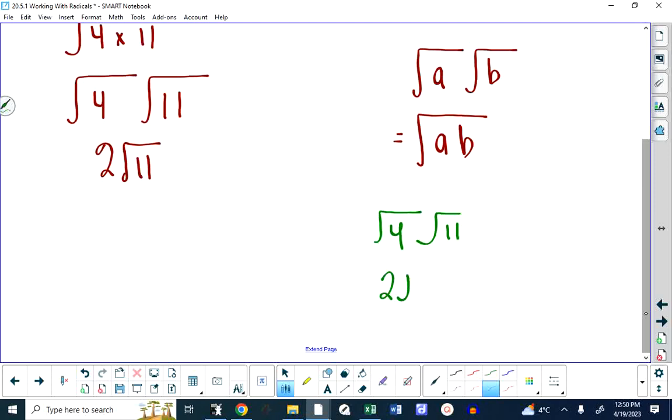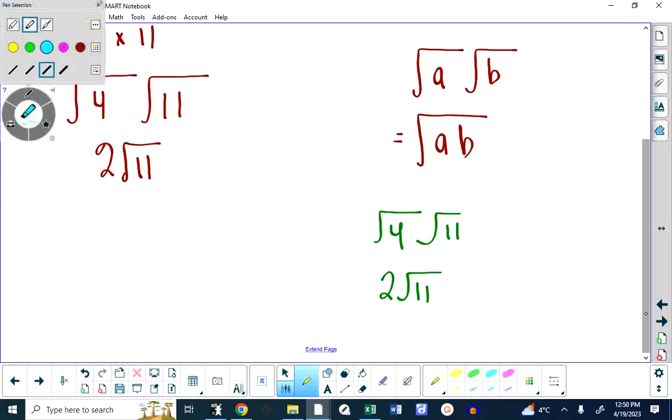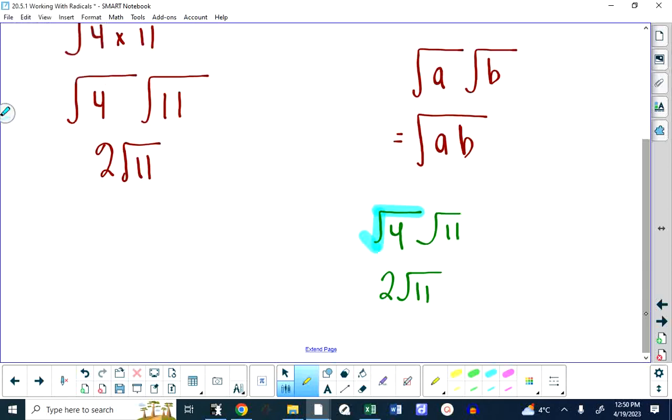Think of this symbol that I'm about to highlight as an instruction. It's telling you to take the square root of what's underneath it. And once you've followed the instruction, you don't have the instruction anymore.